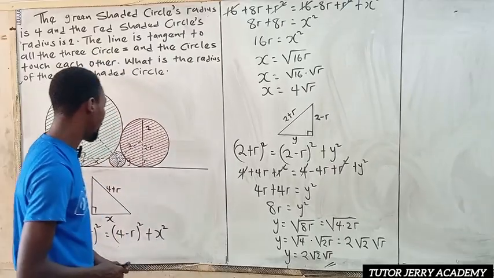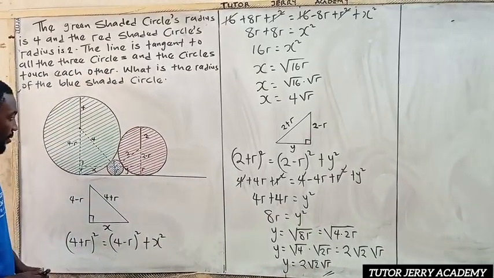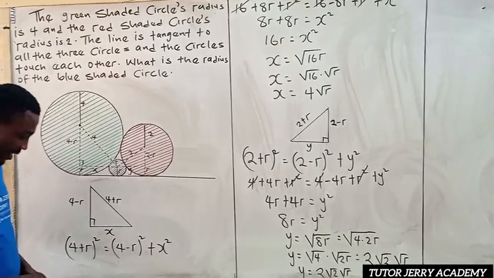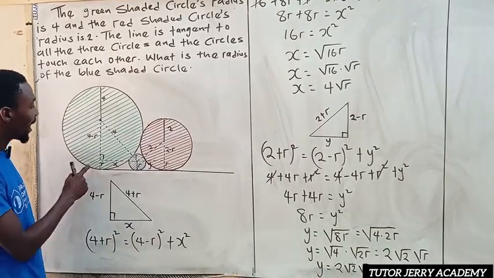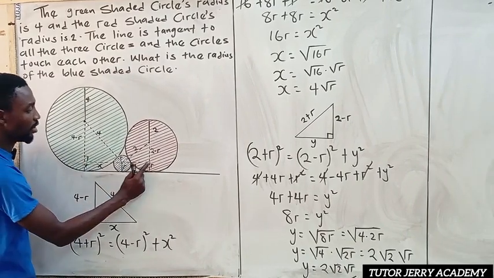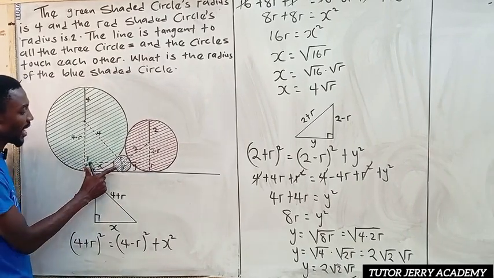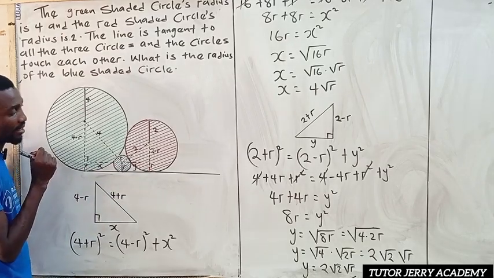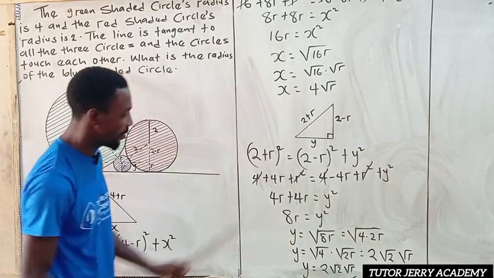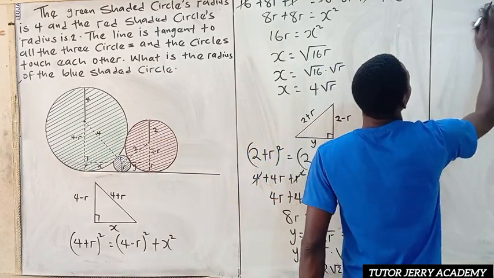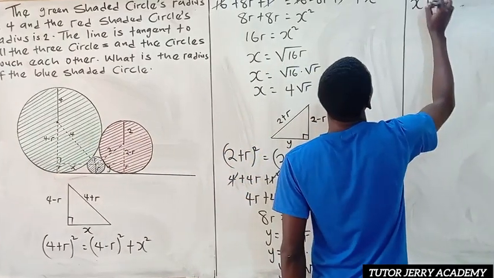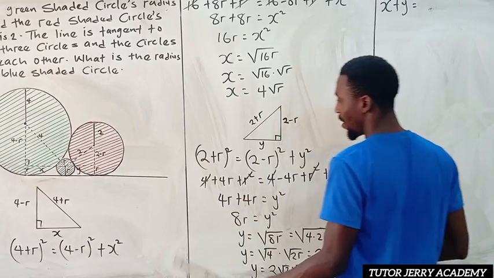All right. Now, don't forget that we can now know the total length from this point to this point. Now the total length is going to be s plus y. Is that clear? So s plus y will be equal to, what is our s?